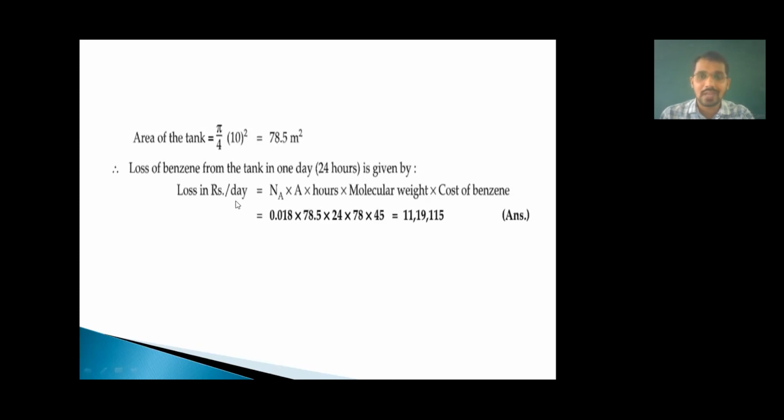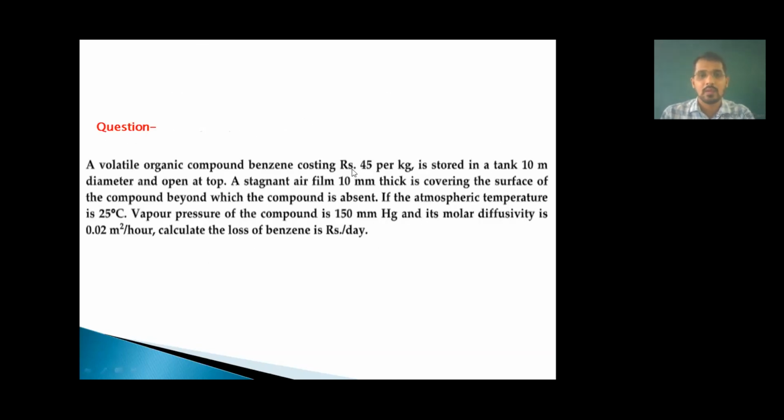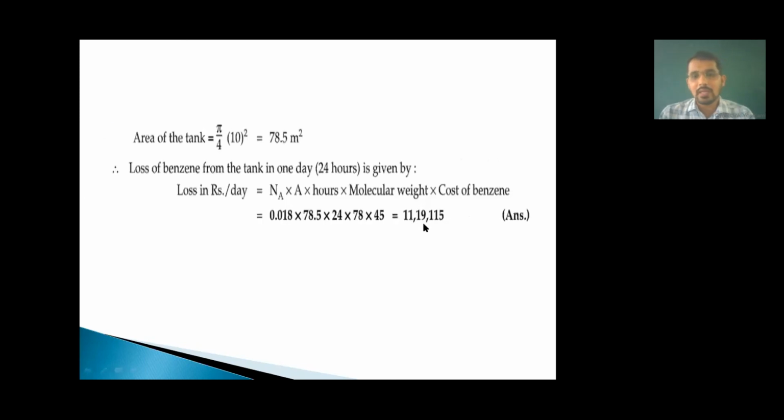You have to calculate per day. That's why I'm putting here 24 hours. After that, molecular weight of benzene is 78. You have to remember this number, that is 78. After that, cost of benzene is 45 rupees. This is given in the question, rupees 45 per kg. So after calculation, you will get here 11,19,115 rupees per day. So this is your final answer.